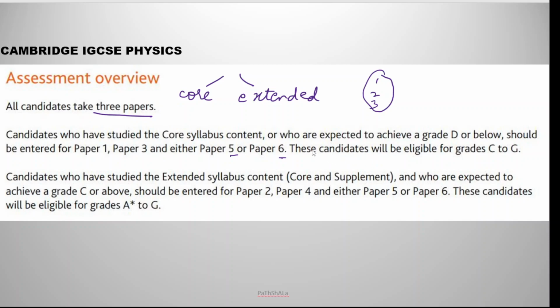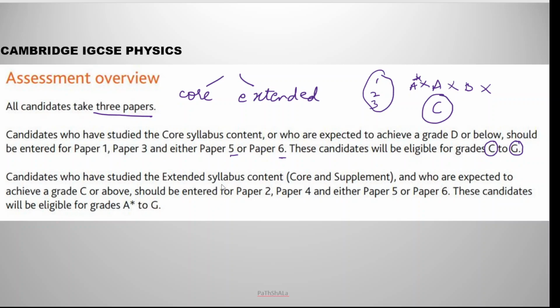But the main thing to note is that the core candidates can get a maximum of grade C. The highest grade they can achieve is C. That means even if you are getting full marks, the highest grade you are getting is C. You cannot get A, you cannot get B, or you cannot get A star. You can get a highest grade of C, and the lowest grade is G.